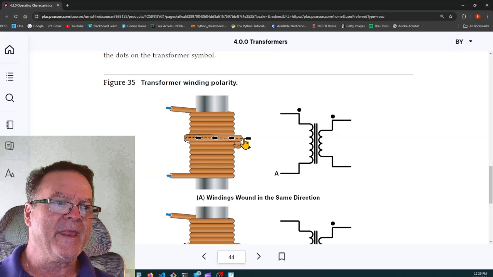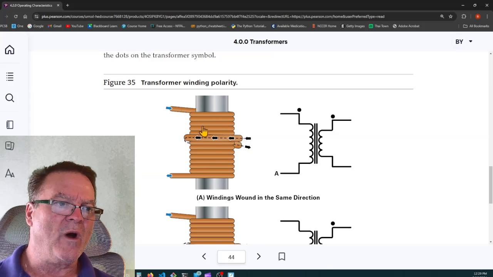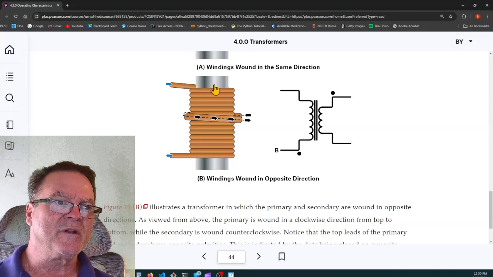So here's one where they're both wired clockwise. They're both going in the same direction, and the two dots are on the same side of the drawing. This one, the primary is clockwise and the secondary is counterclockwise, and they show that by putting the two dots here. There, that's an unlike wound.